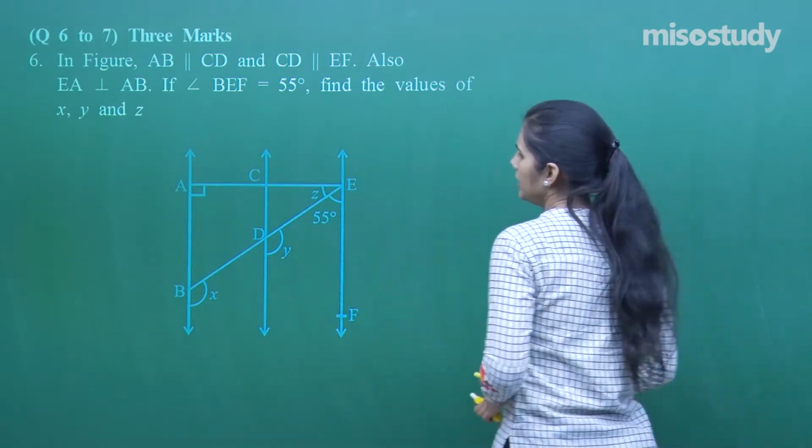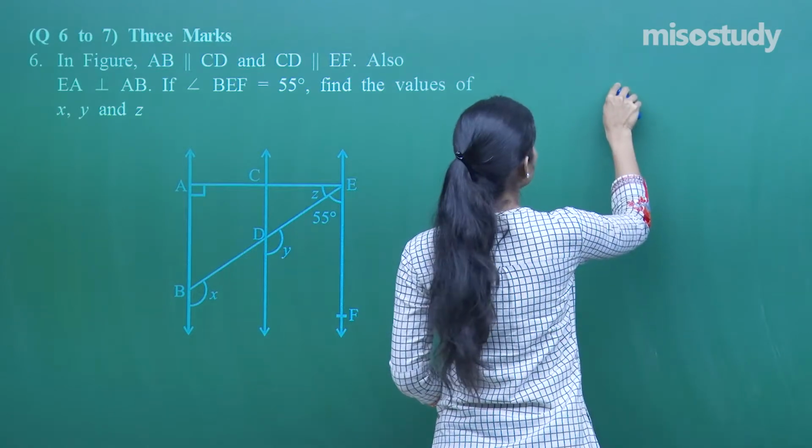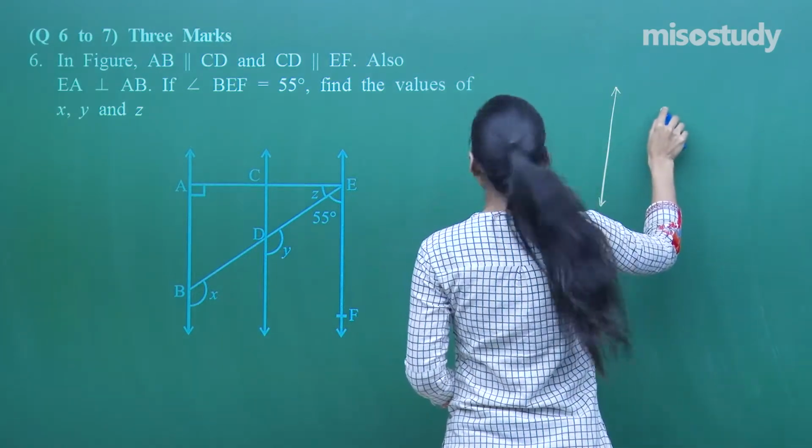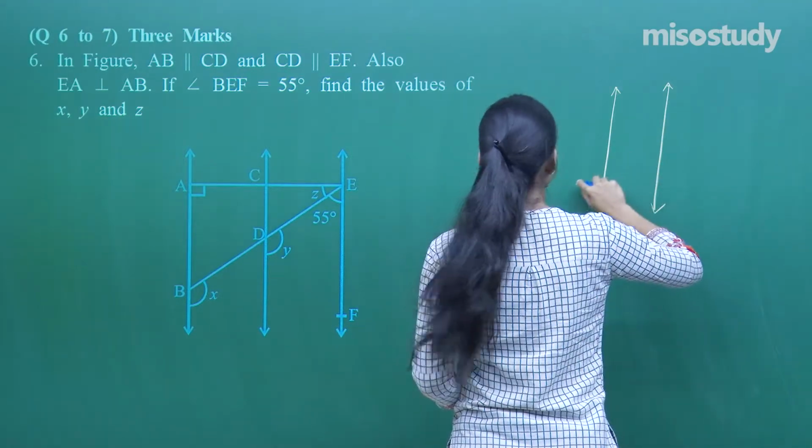Now, let's look at this situation wherein I have line CD and I have line EF, and the situation is something like this.